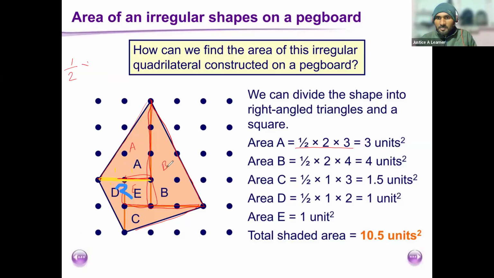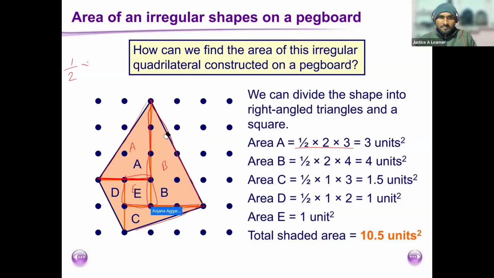Correct. And what about this? 1, 2, 3. We need to get the length of the height. Height is 3 units. Is that true? Now did you understand? Can you explain triangle B? 1, 2, 3, 4.